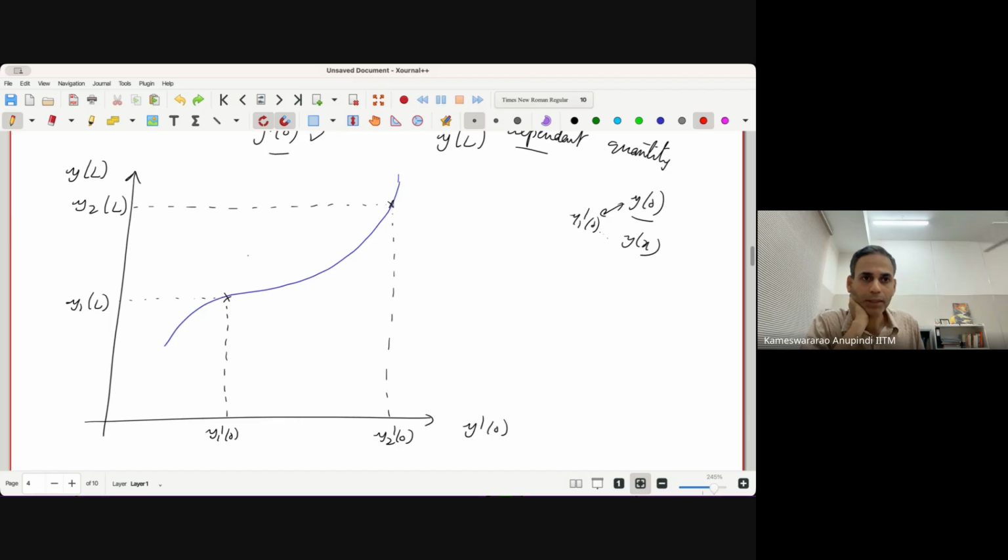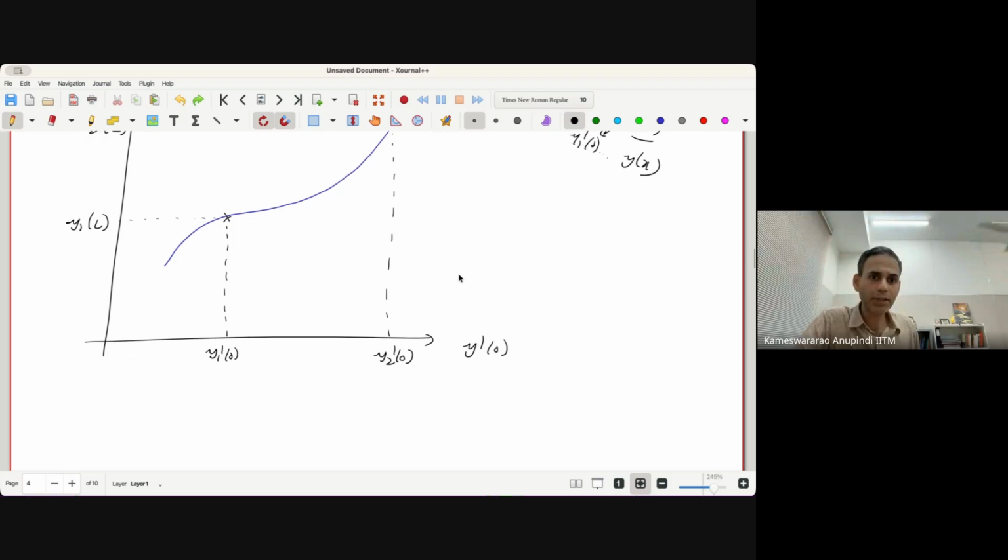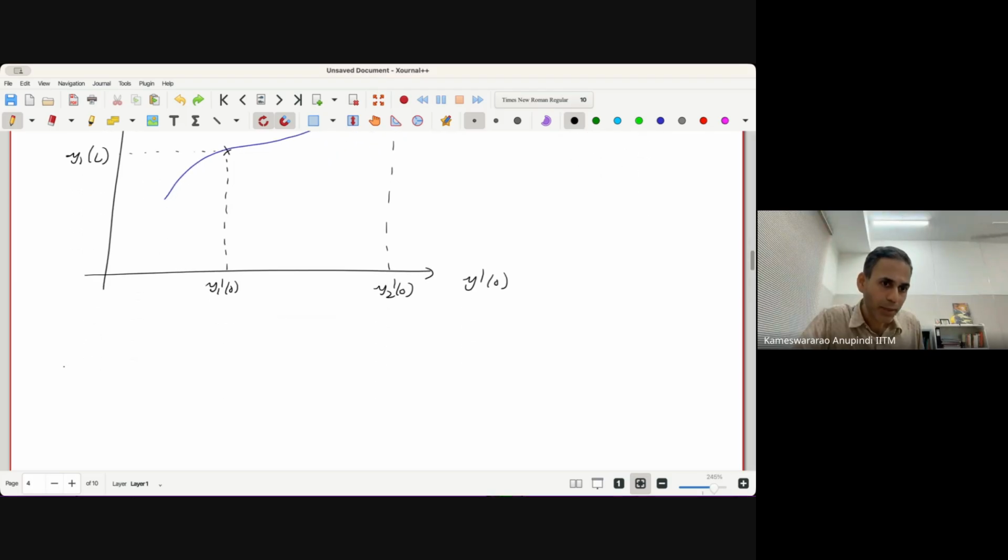But then, because this is nonlinear, I can apply one of the solutions to the nonlinear algebraic equations problem. I can apply, let us say, the secant method that we have learned to solve for this problem.